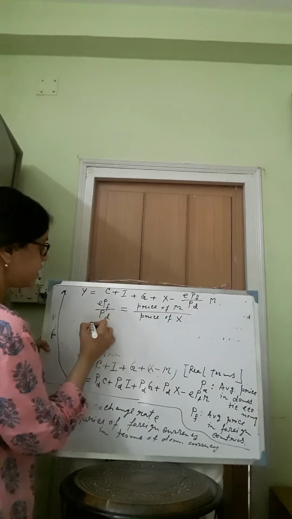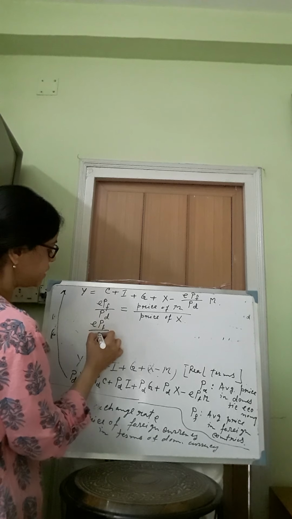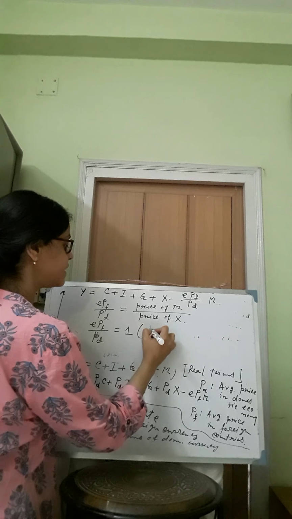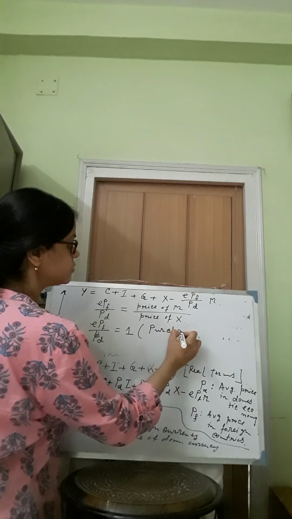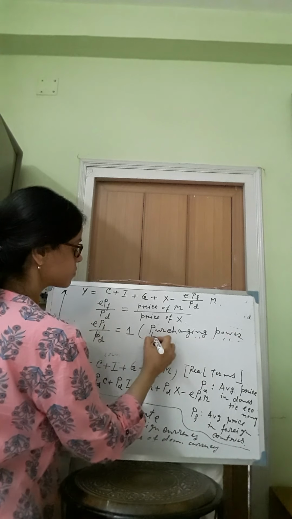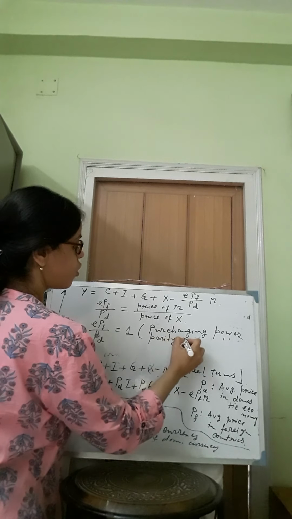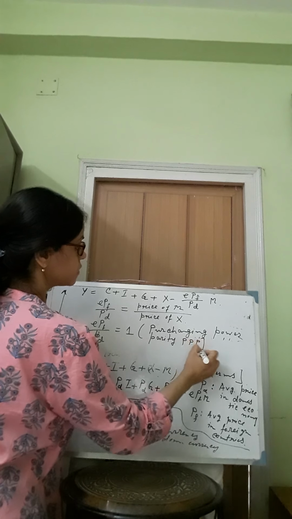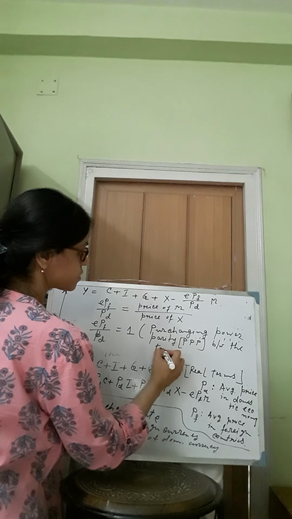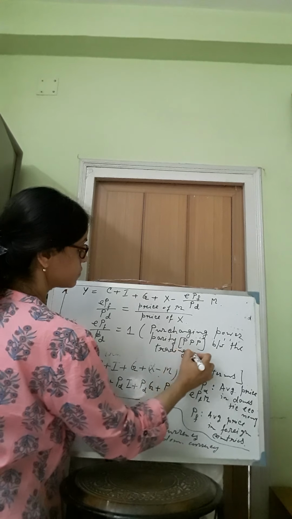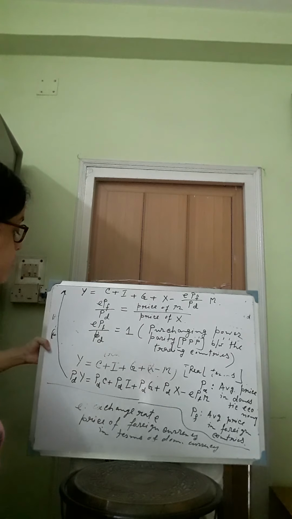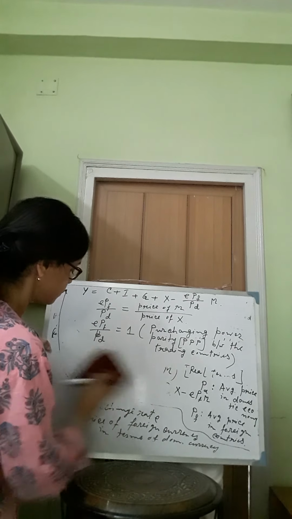And if E PF over PD is equal to 1, then we say that there is purchasing power parity, or PPP, between the trading countries.